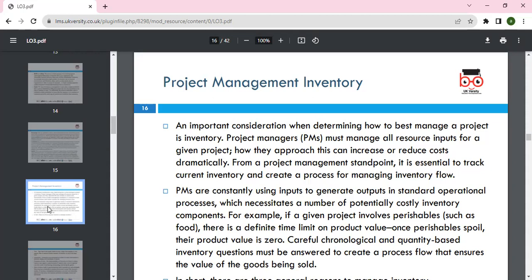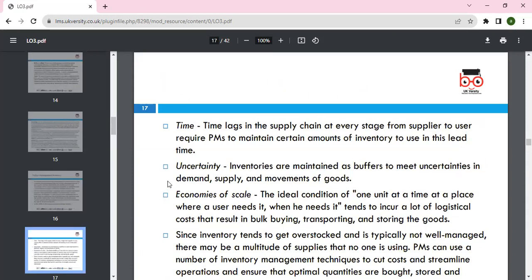Project managers constantly input and generate output in the standard operational process, and we really look at the inventory and the product value, and the quantity-based inventory must be logically managed to create a process flow that will help add value to the organization. Time really matters, so you need to be aware of time lag if the supply chain has uncertainty of supply and requirement. We need to keep that in mind.